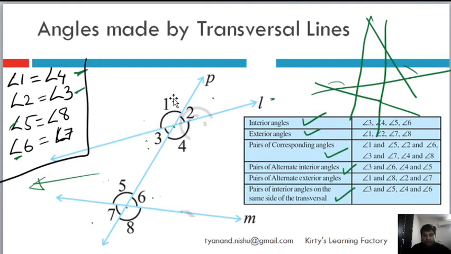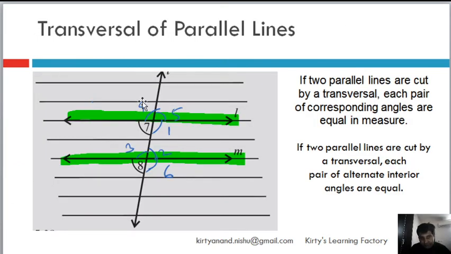1 and 5 are on the similar side of the transversal, like above. This is the transversal line. On the left of the transversal I have 1 and on the left I have 5, and with respect to the lines, that is on top. So similarly 4 and 3 will be corresponding angles, 5 and 2 will be corresponding angles.